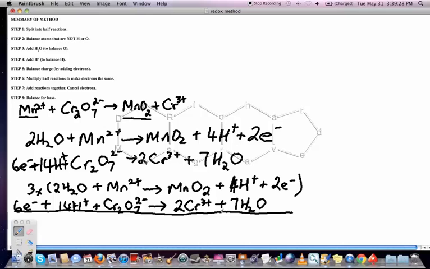Right, now what I'm going to do is I'm going to add these reactions together. So the 6 electrons will cancel with the 6 electrons up here. That'll be 3 times 2, so that's handled. Now let's look at the rest of this.